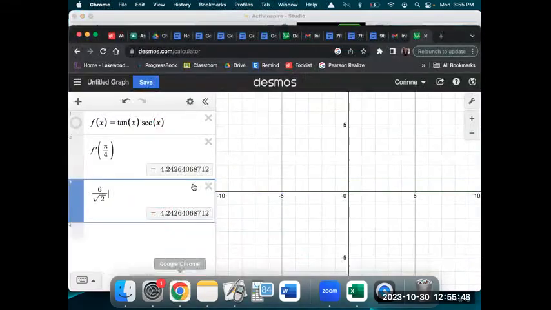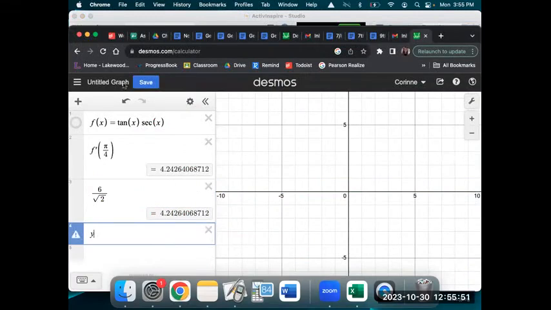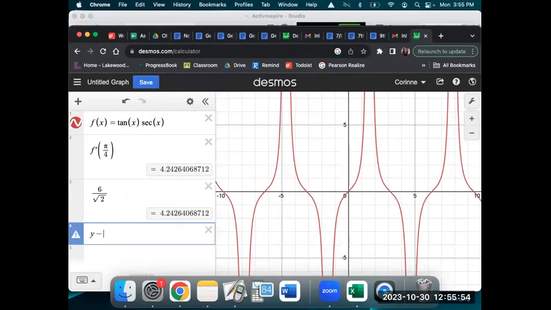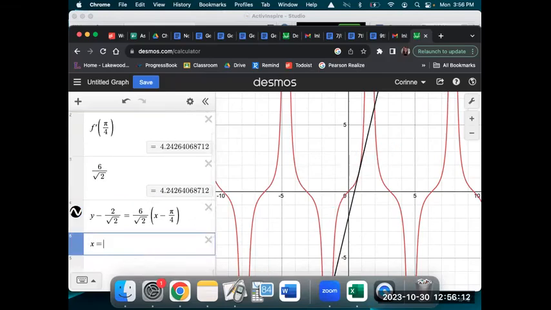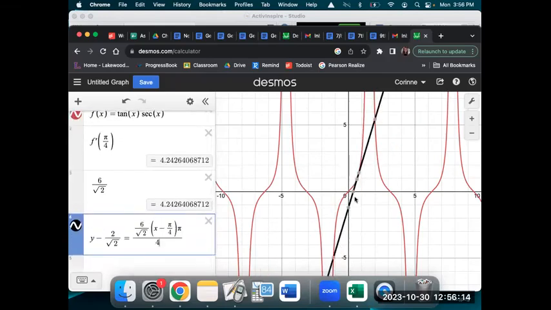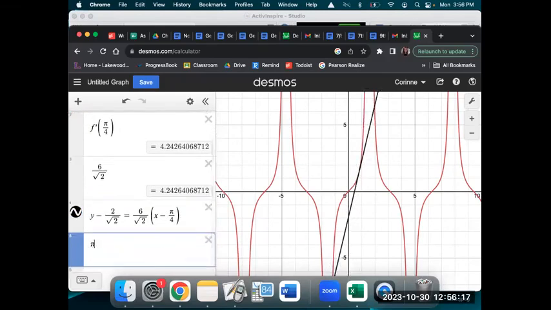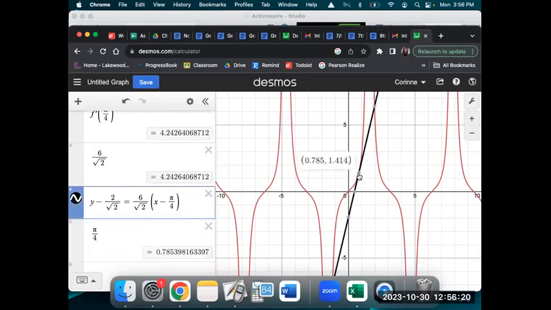And we can even double check in the calculator that that actually looks like a tangent line at pi over 4. Okay, just making sure that that was the appropriate x value. I would agree. This definitely looks like a tangent line at pi over 4. It barely touched the graph at pi over 4.